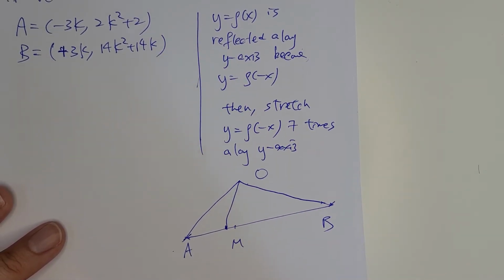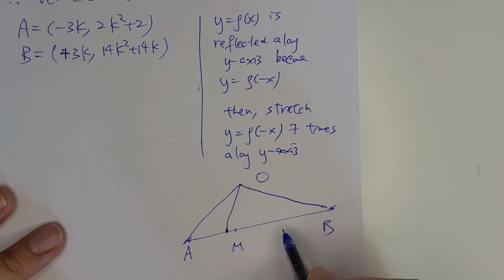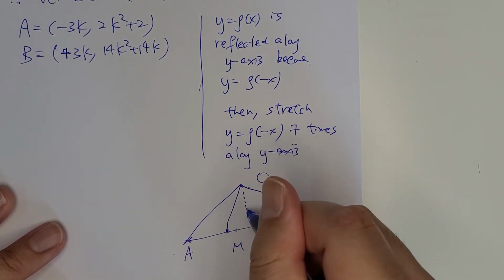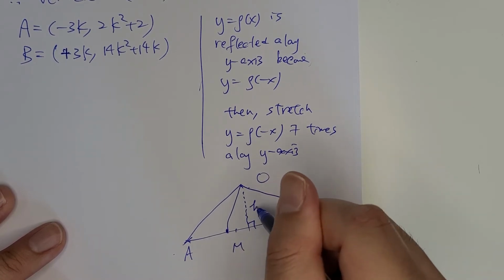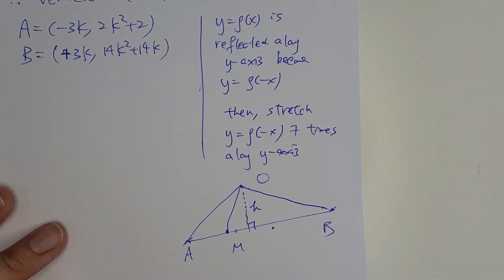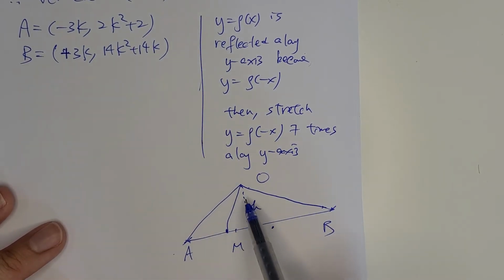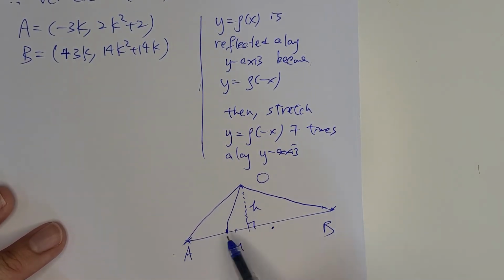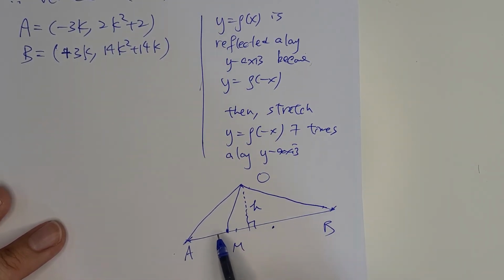O is the origin. The key point is, if we consider MB as the base, then that will be the height of the triangle OBM. But at the same time, this is also the height of triangle OAM. Therefore, you can see in the graph, triangle OAM and triangle OBM share the same height.